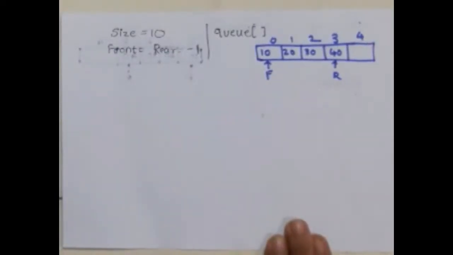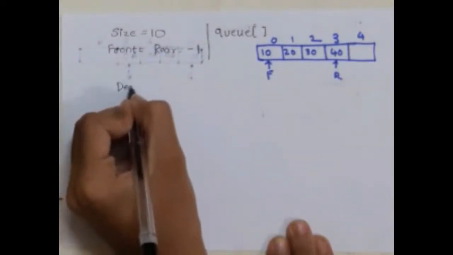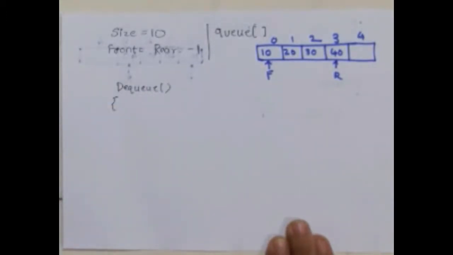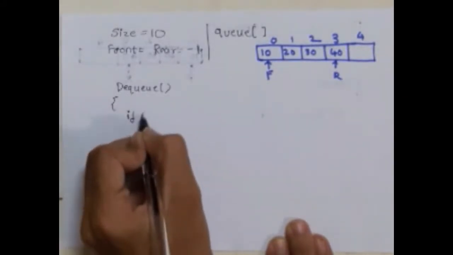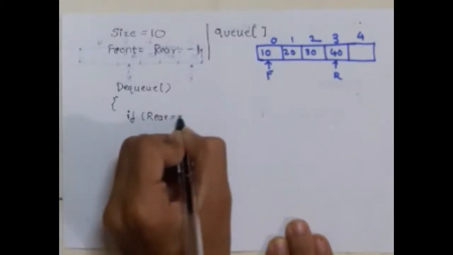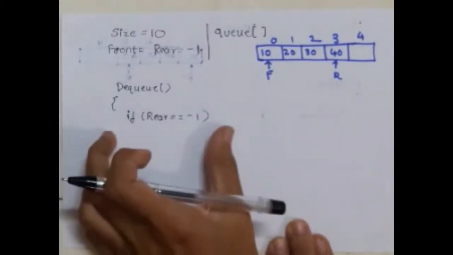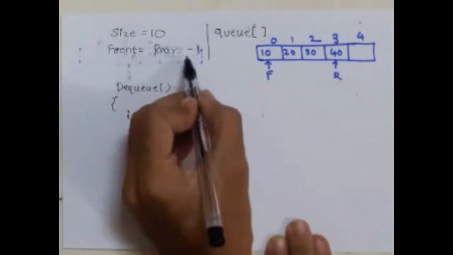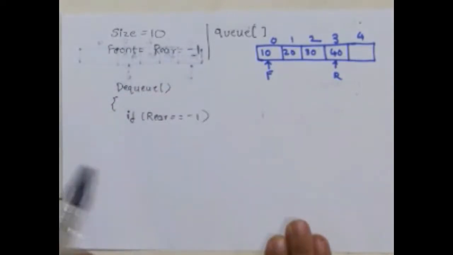Now the next operation is the DQ operation. DQ means deleting elements from the queue. For performing the DQ operation, we have to check the Q underflow condition. That is, we have to see whether the Q is empty. And if Q is empty, we cannot perform the DQ operation. So if rear is equal to minus 1, then Q is empty, because we have seen the initial condition is rear equals minus 1.